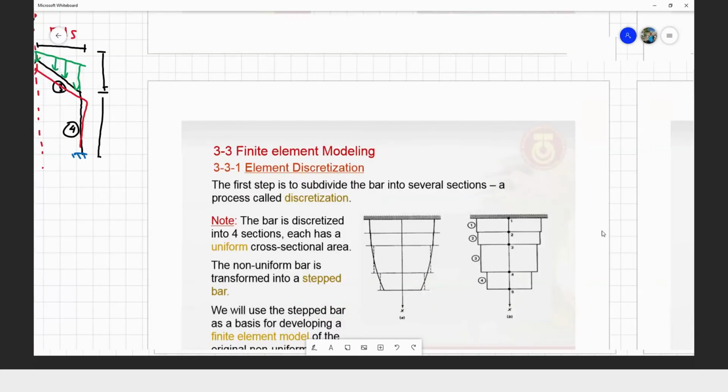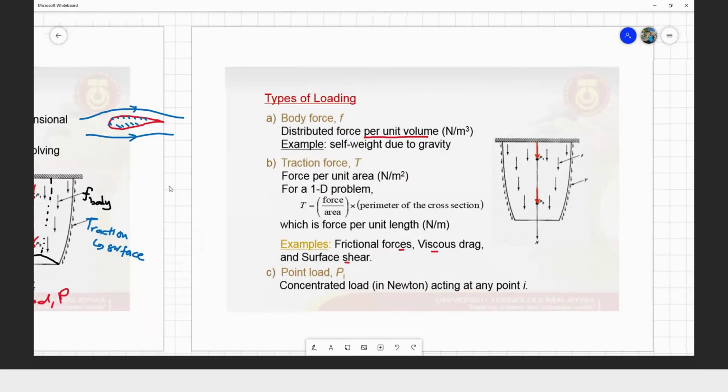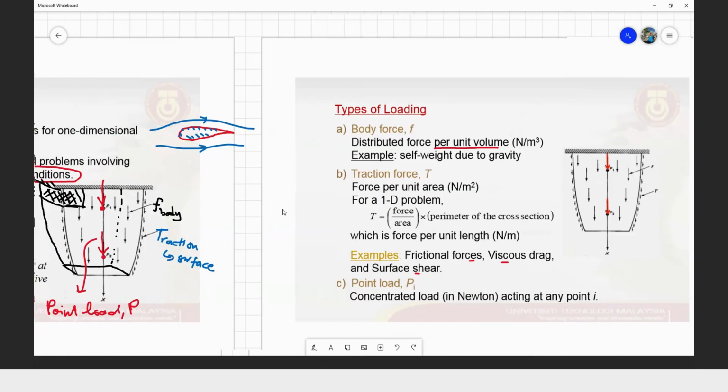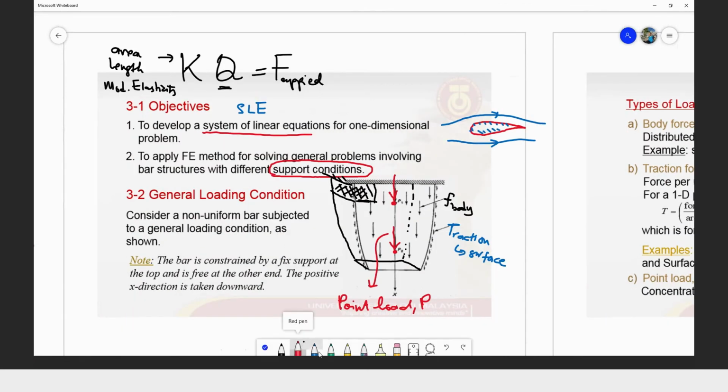So actually, if we are able to understand this loading, we are able to solve this part of the kita punya system of linear equation.